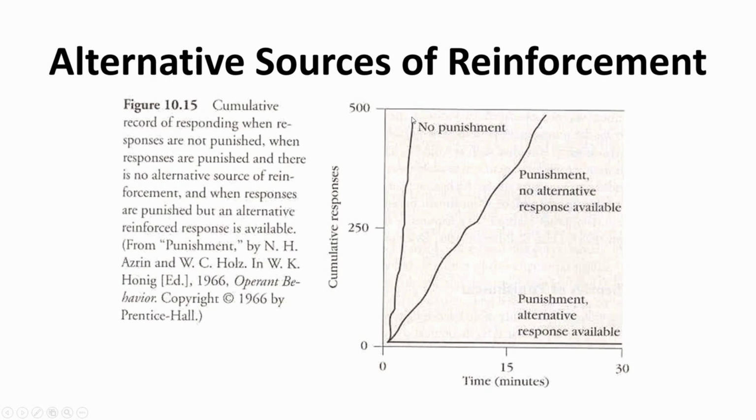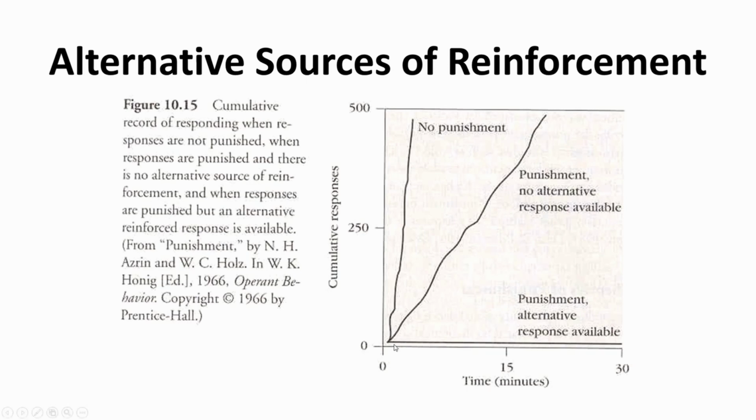If one of the levers is linked to a very loud noise and the other lever is locked, meaning they can't press it at all, we're still going to see some lever pressing. So this is punishment, but there's nothing else that they can do. There's no alternative response available, so they're still going to press the lever even though it leads to an aversive stimulus of noise.